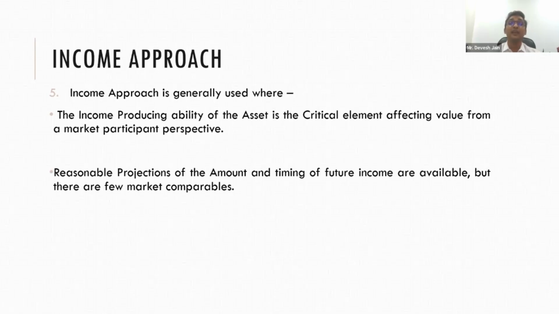In case the market approach cannot be used, or there are very few or no comparables, then we use the concept of income approach, where we consider the rent and the outgoings. We find out the gross rent, subtract the outgoings from the gross rent to get the net rent, and then we capitalize the net rent to find out the market value of such properties.